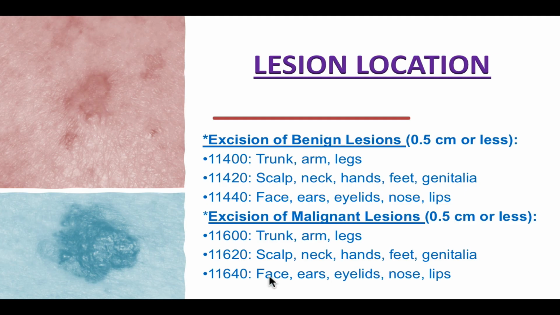And 11640 applies to excision on the face, ears, eyelids, nose, or lips, also with an excised diameter of 0.5 cm or less. Please note that after this base code, the CPT code changes based on the excised diameter of the lesion. That said, once you know the lesion type and total excised diameter, you should come here to find the appropriate code.